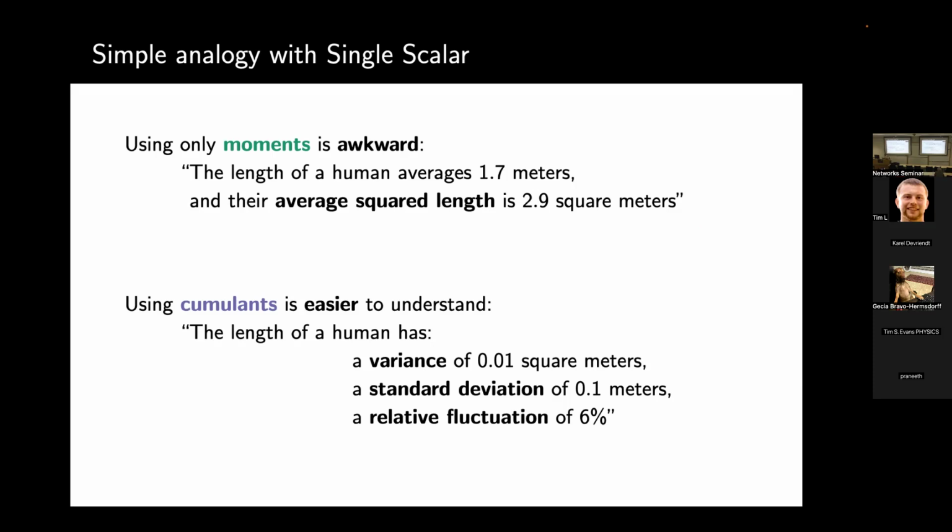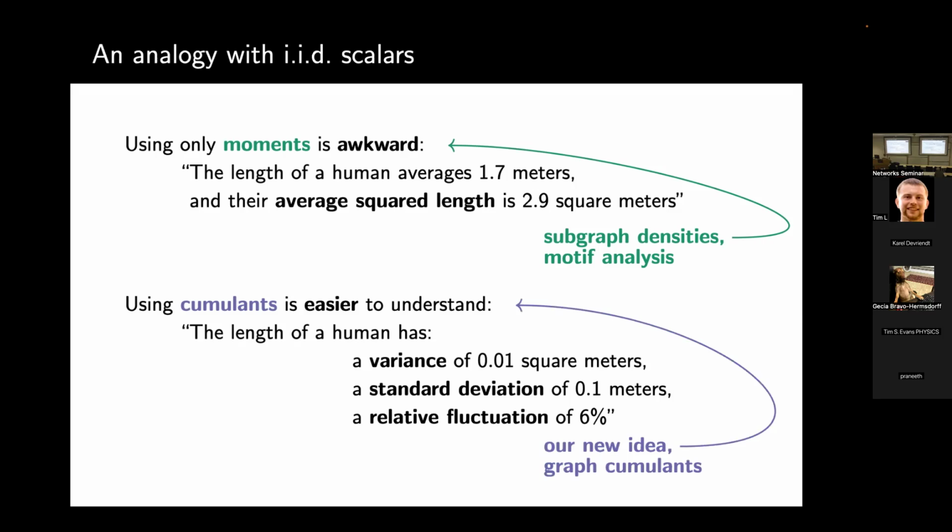And the type of statement at the top is like looking at subgraph densities, or motif analysis. Subgraph densities are really the moments for networks, as I'm going to explain. What I'm presenting now is the analog of the other statement.